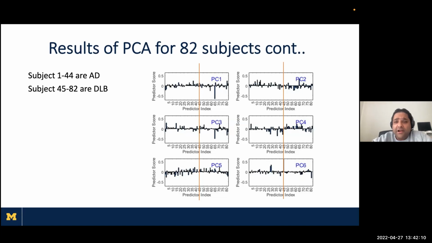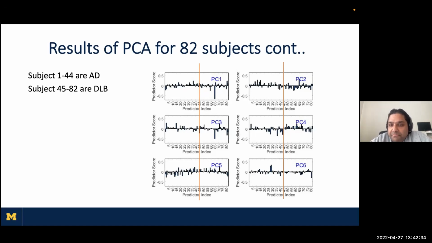Especially if we focus on principal components 2 and 3, the ones on the left side of the orange line are subject scaling factors for subjects with Alzheimer's disease, whereas the ones on the right side are for dementia with Lewy bodies.